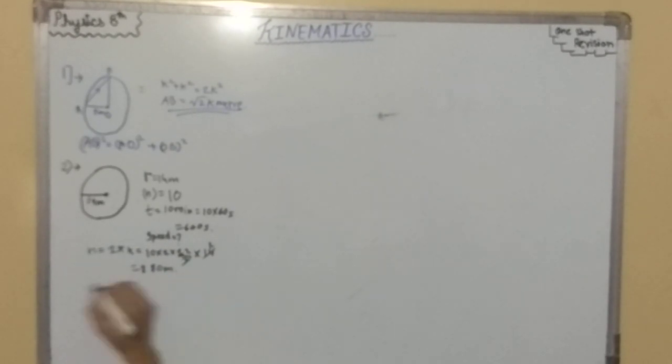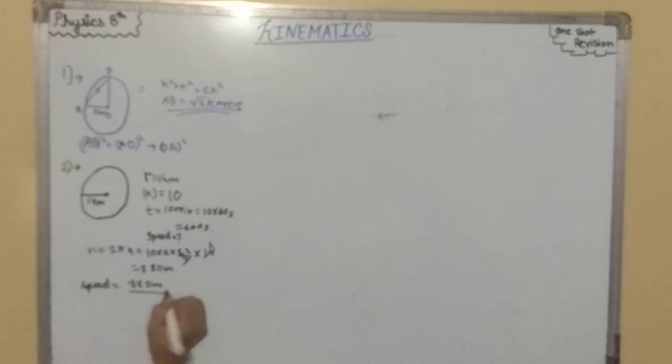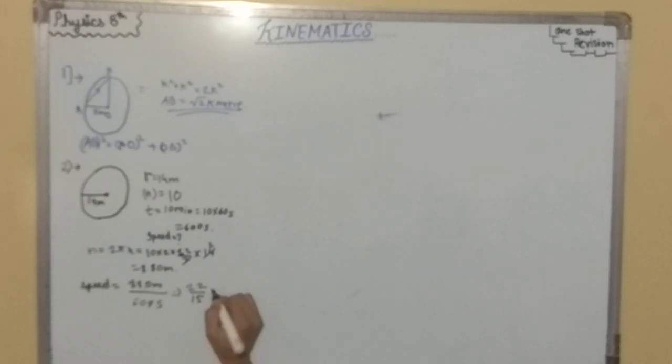So speed of the athlete will be equal to 880 meter upon, means total distance covered upon time. The 880 meter is the total distance covered and time is 600 seconds. Therefore 22 by 15 meter per second is the answer.